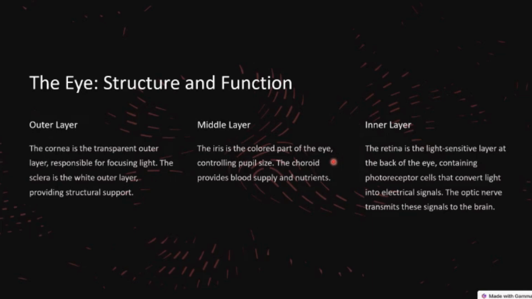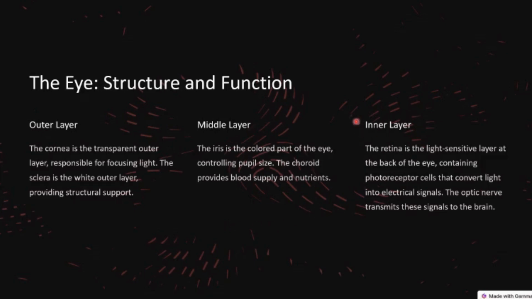The iris controls the size of the pupil and regulates the amount of light entering the eye. The choroid provides the blood supply and nutrients to the middle layer.